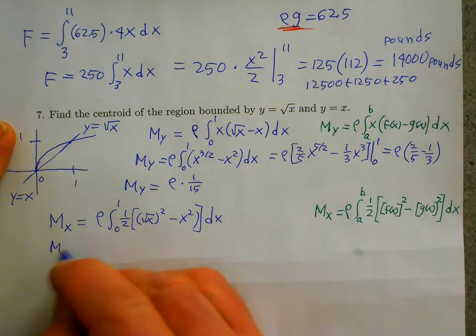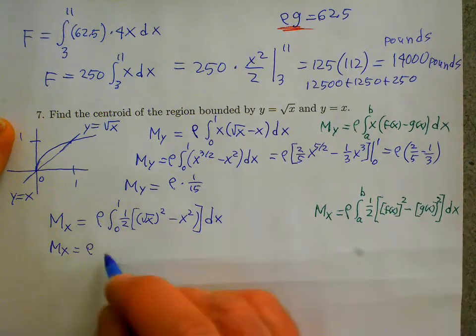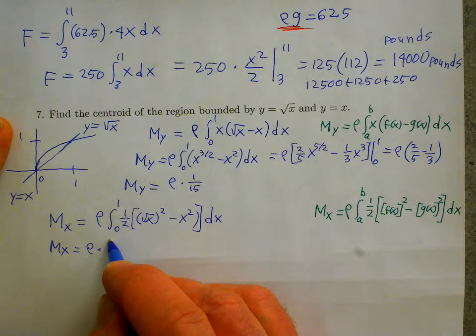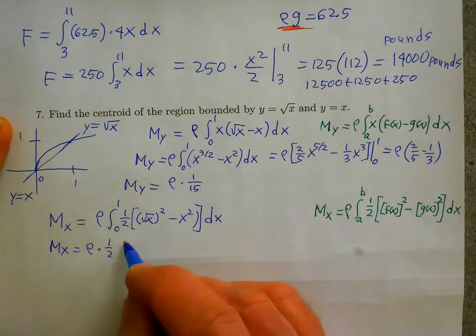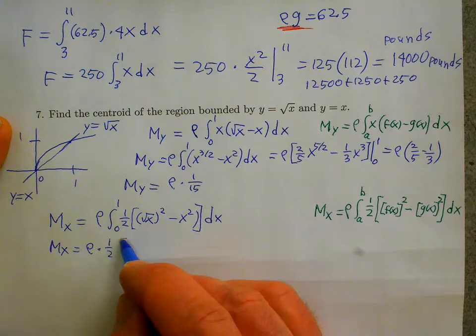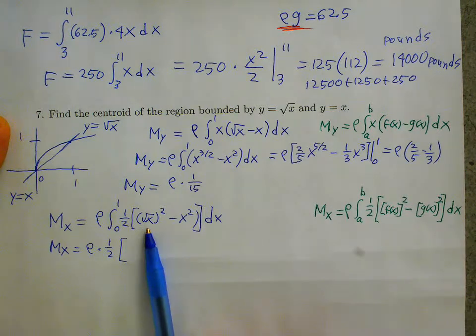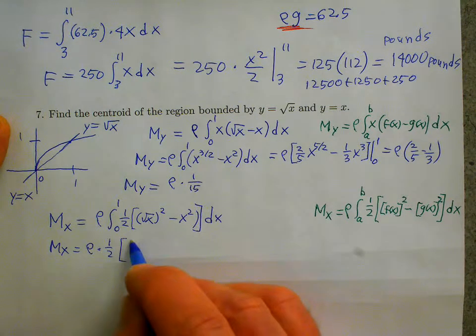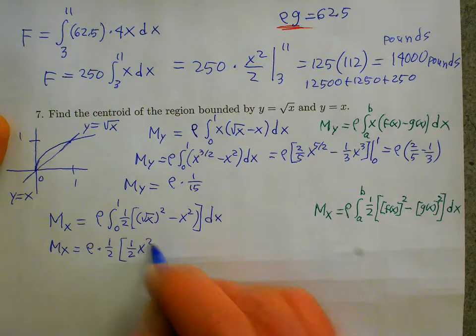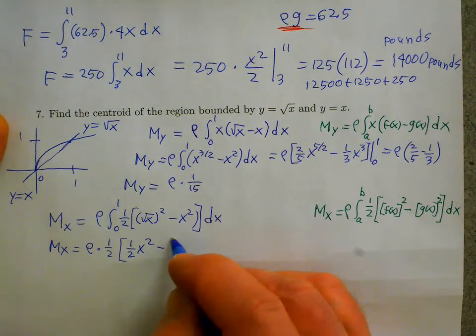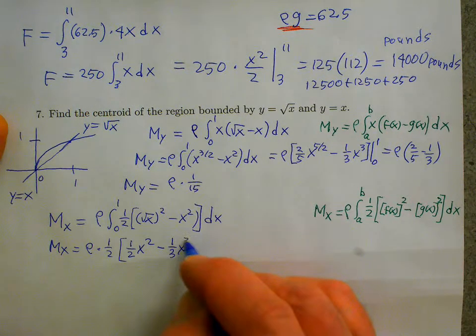Okay, so we got rho times 1/2. Well, we'll have to do a little bit in our heads. When we square the square root of x, we get x, and an antiderivative of that is 1/2 x squared. And then an antiderivative of x squared is 1/3 x to the 3rd.